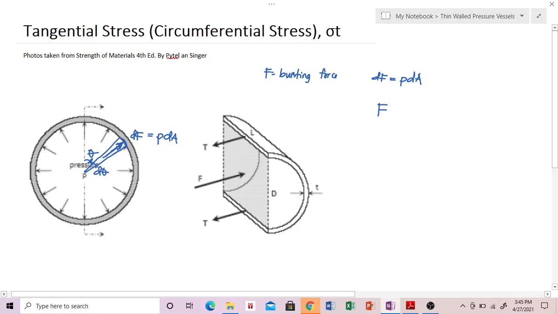So makukuha natin yung F by, kasi class, yung element na kinonsider natin is not directly horizontal dito sa cutting natin, dito sa illustration natin. Ibig sabihin, kukunin natin yung lahat ng horizontal components nitong dF so that then isa-sum up natin siya, makukuha na natin yung value ng F.